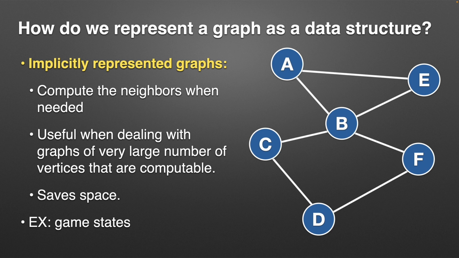There's one other kind of case that appears, and that is what we'll call an implicitly generated graph. This is when you don't necessarily have all the vertices ahead of time, so you don't know them, or you don't want to store all of them. This comes up in games a lot. If you think about games that progress through states, you can think of something simple like a Rubik's Cube. When you're in a state, you can move to the next state if you turn it a certain way or turn it a different way, and you can make that into a graph.